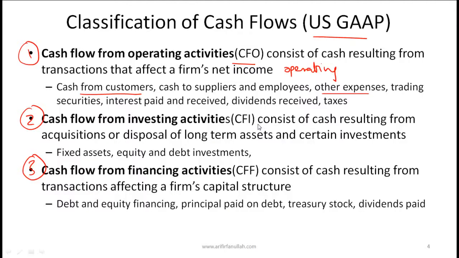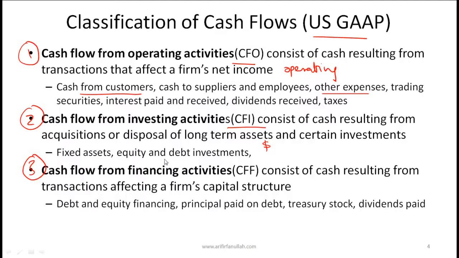Cash flow from investing consists of cash resulting from acquisitions or disposal of long-term assets and certain large investments. So fixed assets or long-term assets, any money spent on them we would call CFI in the cash flow statement. And when you sell those assets, the money that you get would be an inflow of cash documented in CFI.